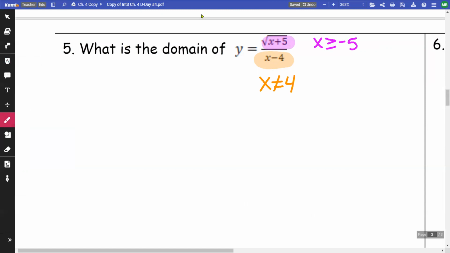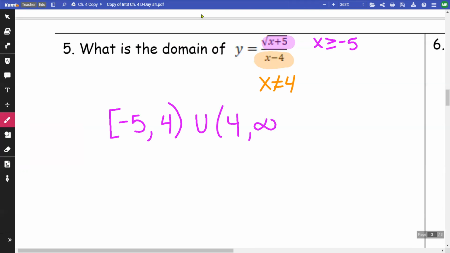So I'm going to have close bracket -5 to 4 with an open bracket because I cannot equal 4, union 4 to infinity. So basically it's greater than or equal to -5, but can't be 4. That's what that says.